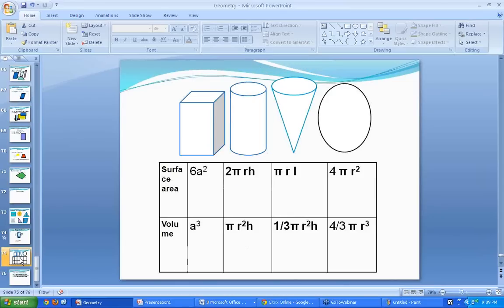These are various shapes. Please note down the formulas regarding surface area and volume.